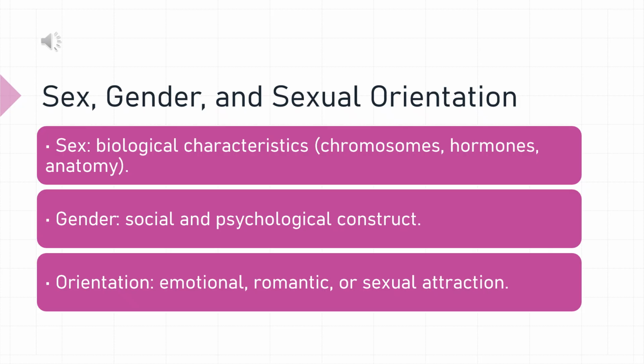For our gender, this is usually a physiological identification that we look at when we're treating disease processes, but it can now be a social construct where people identify as different genders from what they were genetically born with. For our orientation, we always want to pay attention to different orientation characteristics because we want to always understand an individual's emotion, romantic, or sexual attraction, just to kind of ask if it impacts disease processes.